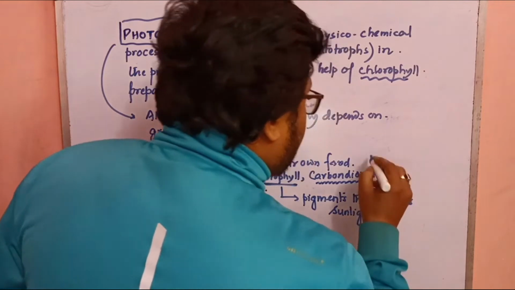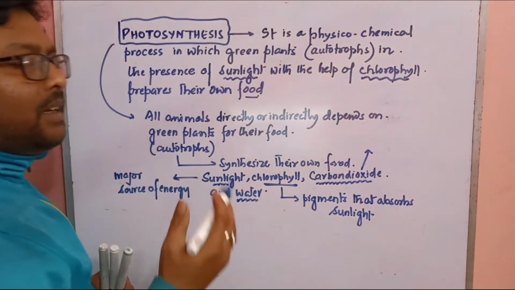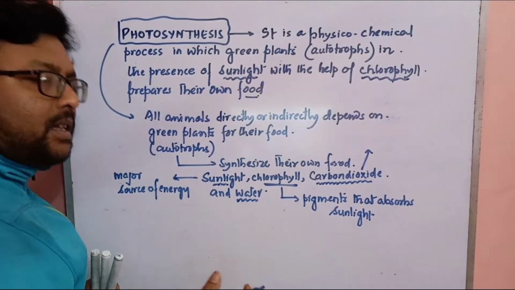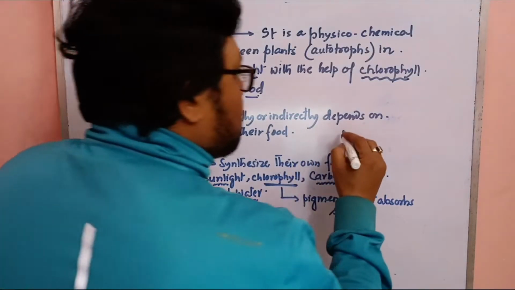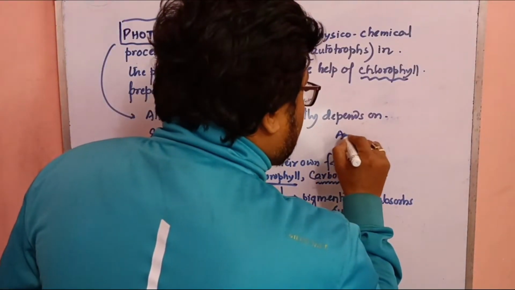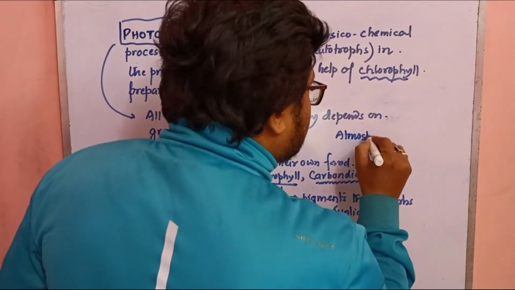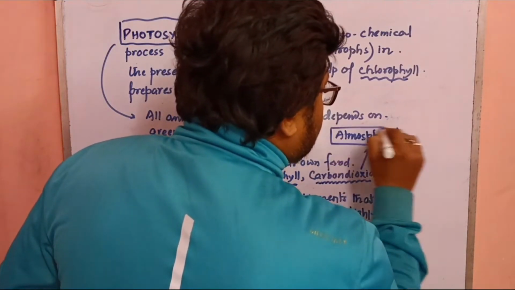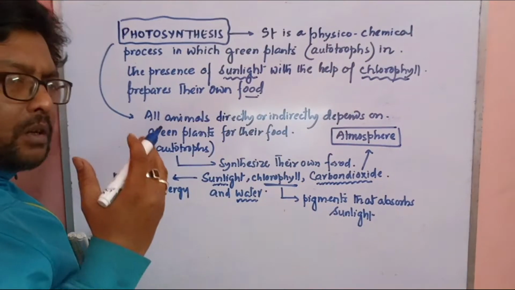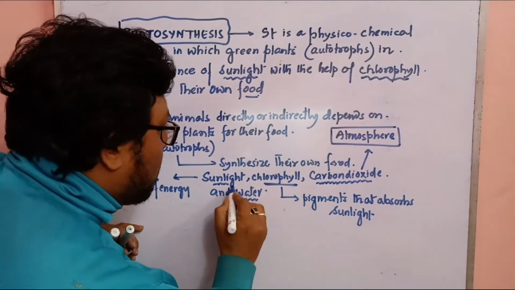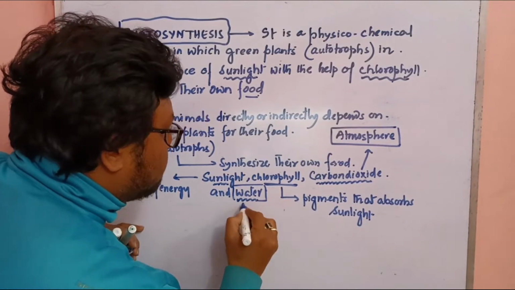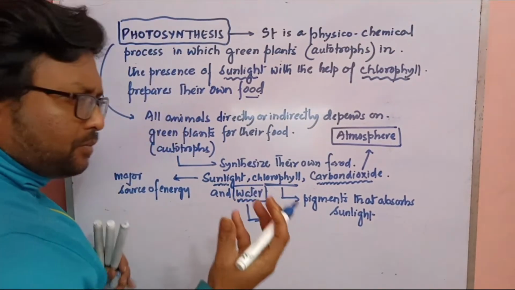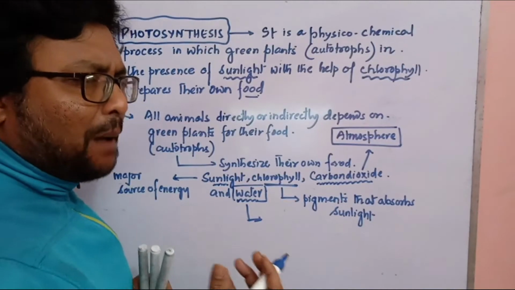Now this carbon dioxide, its main source is the atmosphere. It is a raw material that is used during the process of photosynthesis. And water, plants generally absorb capillary water.